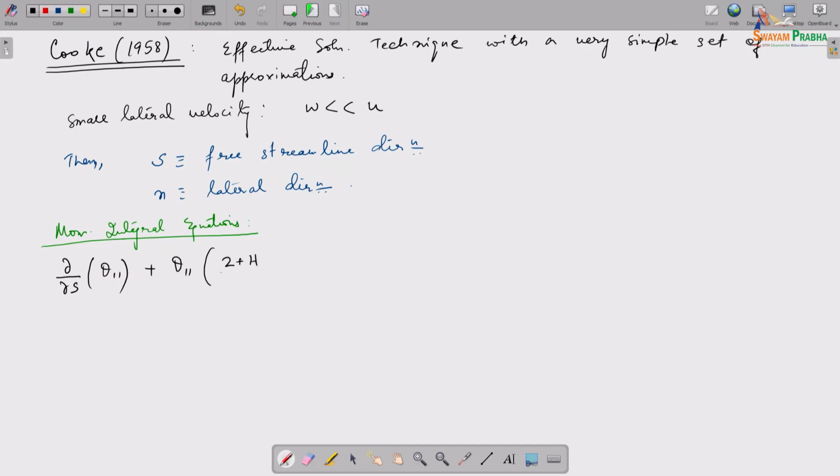Two plus h by u plus 1 by r, this is equal to tau wall in the stream direction, this thing, right, and r is essentially the local radius of curvature of the surface.